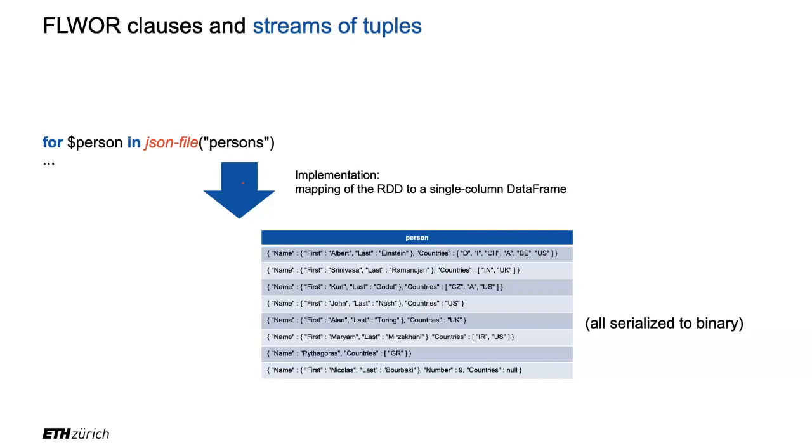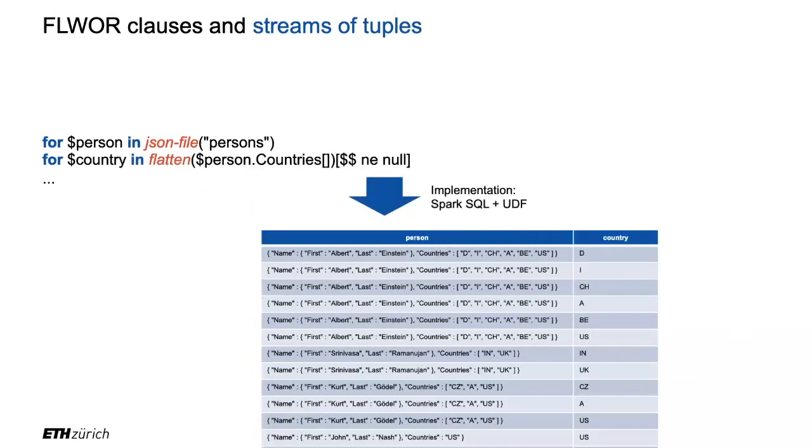So basically, we squeeze it as a binary value. We serialize that JSON as some sort of sequence of bits, and the type of that person column is actually just a binary column. All right? So now that we squeezed it into a column, imagine that I have another for. So now it's going to iterate. You see the second for sees the first for, right?